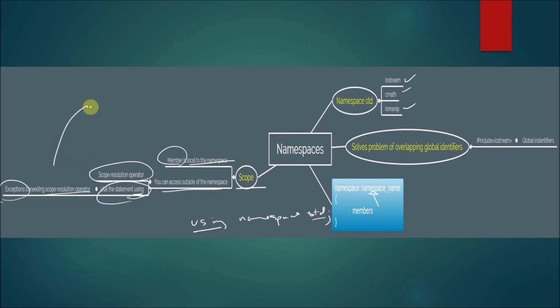So in this case, you'll say something like namespace name, and then the name of the identifier. Okay, so this could be std, standard, and then some name here.